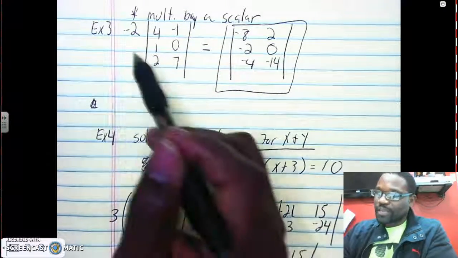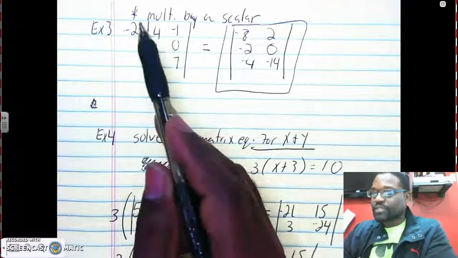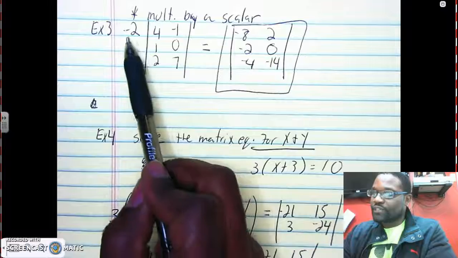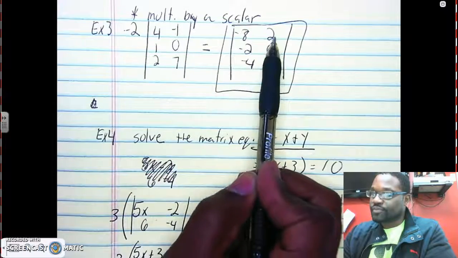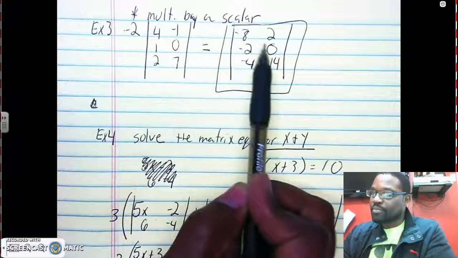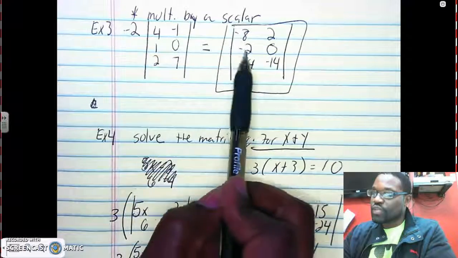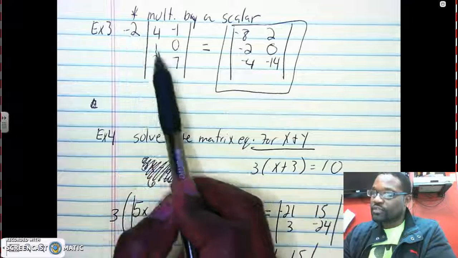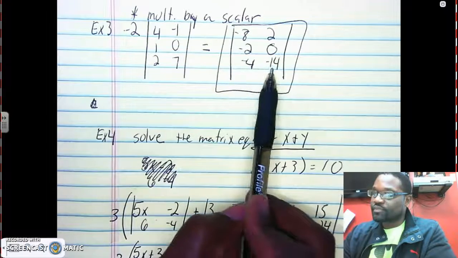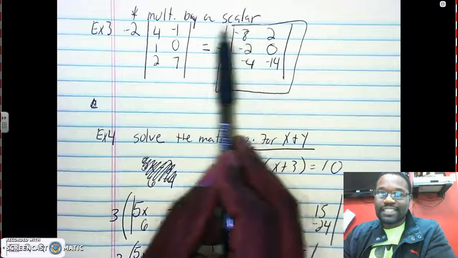Normally it'll be written in the middle or something. It doesn't matter if it's high or low. Negative 2 times 4. Negative 2 times negative 1. Notice that I put the answer or the product in the same place. Negative 2 times 1. Negative 2 times 0. Negative 2 times 2. Negative 2 times 7. That's called multiplying by a scalar.